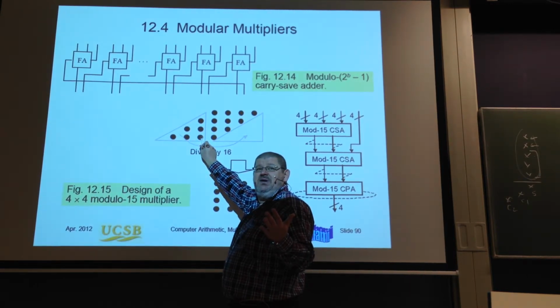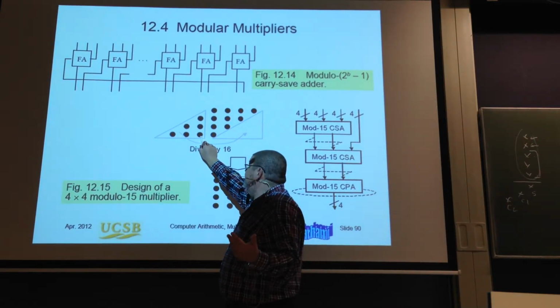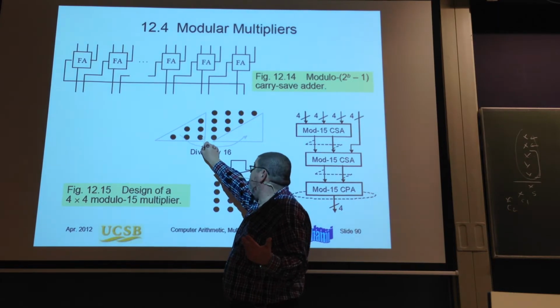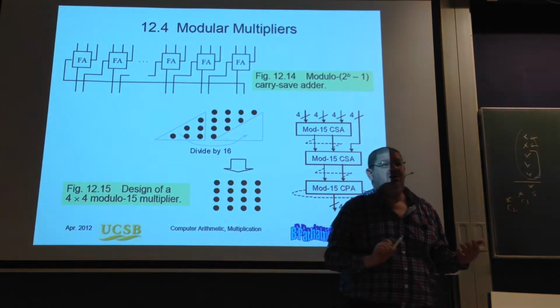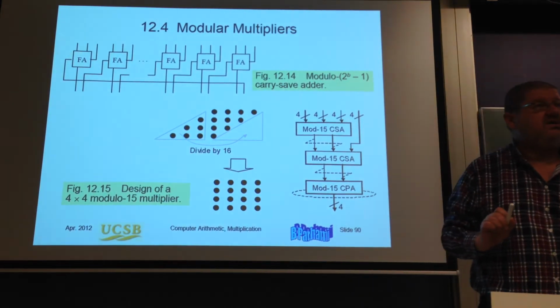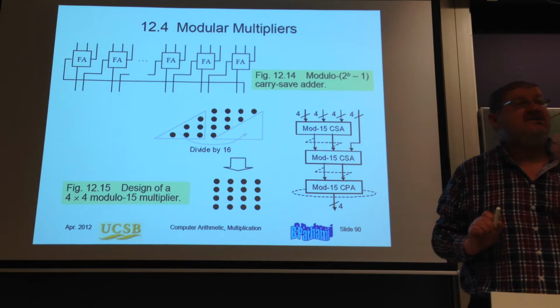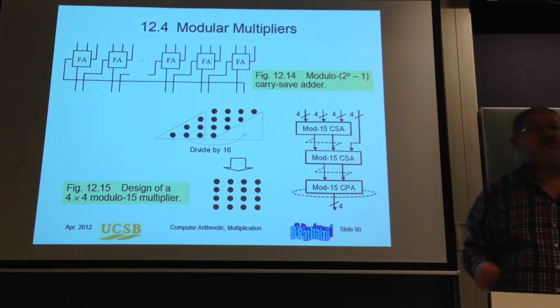Right? 16 modulo 15 is 1. Then instead of leaving it here, I will move this dot to the least significant column, because I'm just looking at the weight of the dot, and I am processing the weights modulo the modulus that I'm processing.